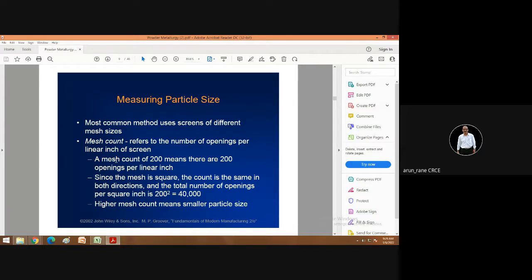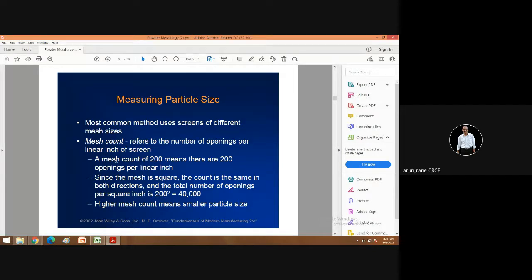How to measure the particle size? For that you have different types of screens, or we call it a sieve, and it has holes. It is also called the chalni.